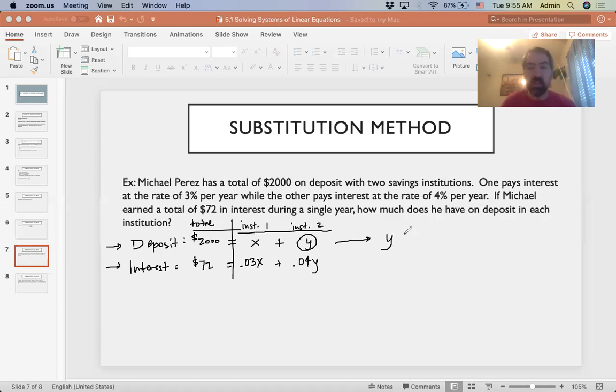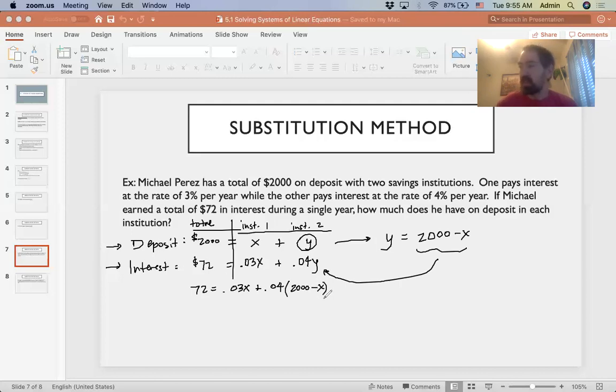So Y equals 2,000 minus X. And then I'll take the 2,000 minus X and substitute it into the second equation. And we have 72 equals 0.03X plus 0.04 times 2,000 minus X.